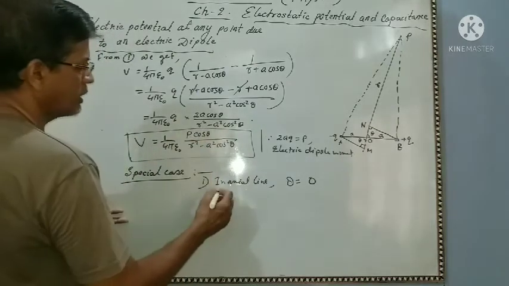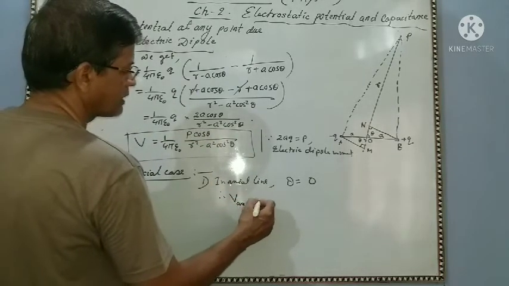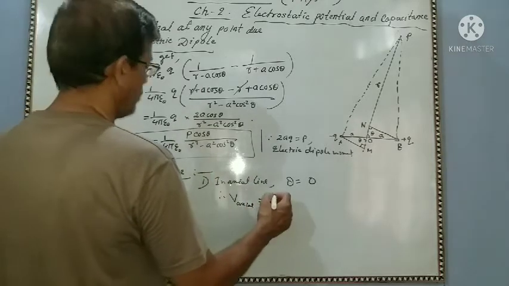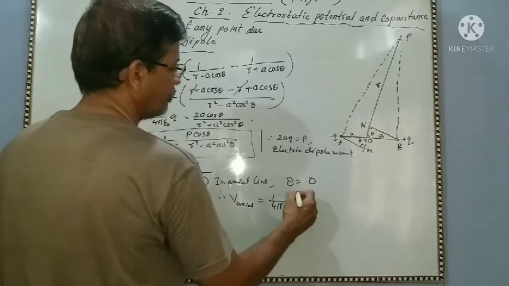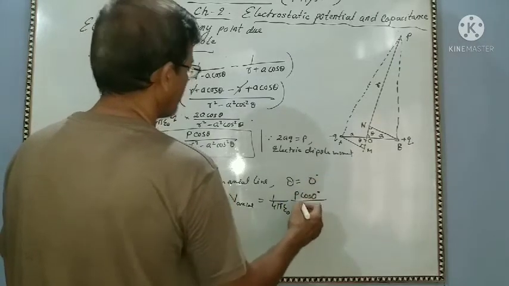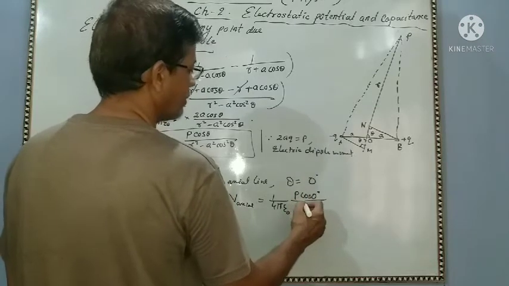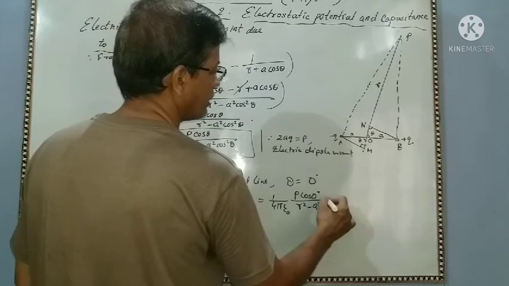So V axial equals 1 by 4 pi epsilon naught p cos 0 degree by r square minus a square cos square 0 degree.